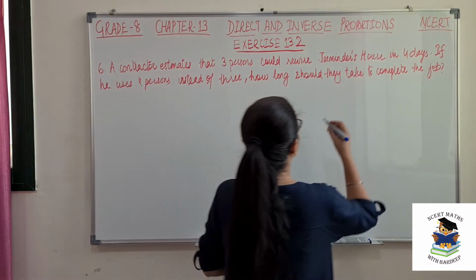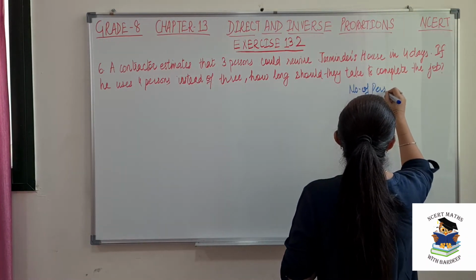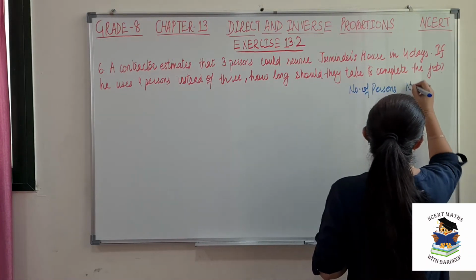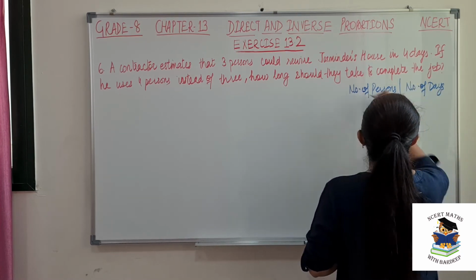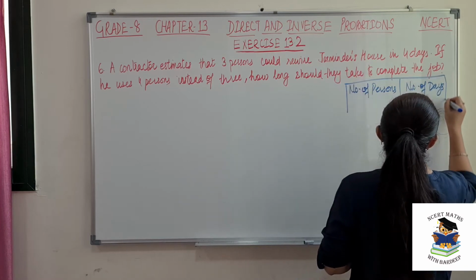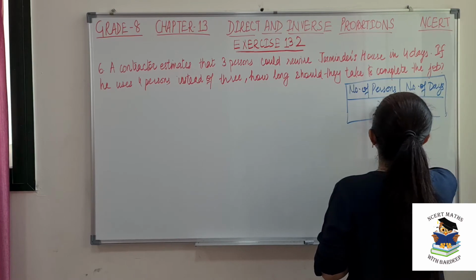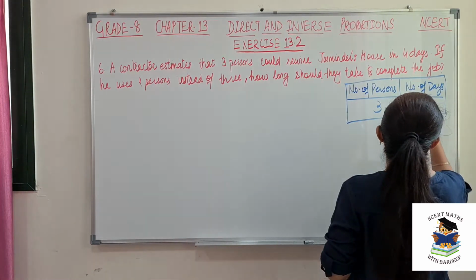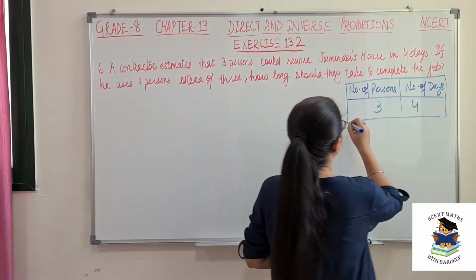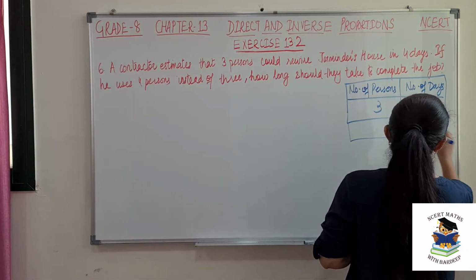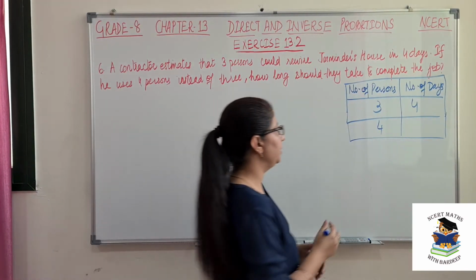So let's make the table first. This is number of persons and number of days. In the first case, number of persons is 3, and it can be done in 4 days. In the second case, they are saying that the contractor is using 4 persons, so in how many days will the work finish?